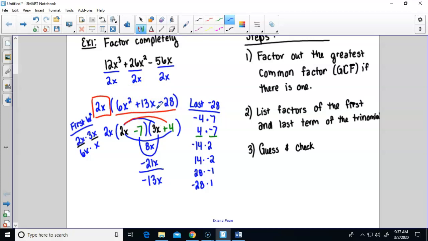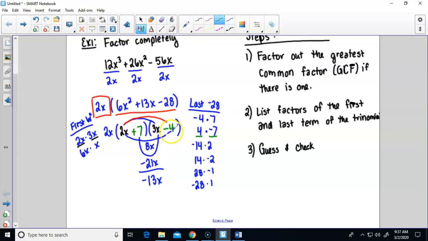Okay, so if you ever get to this point, if you've almost got it, if your sign is the only problem, you can fix it by changing the signs of these two numbers right here. So instead of what we had, negative 7 and positive 4, let's make it positive 7 and negative 4. Okay, so we're going to change our signs.